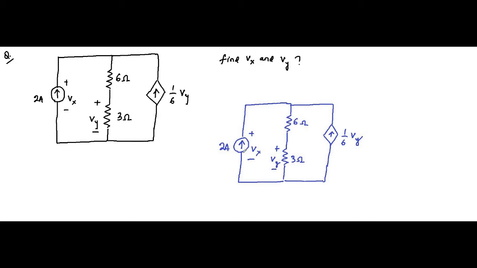Now one thing, you can never say that the voltage across a current source is 0.